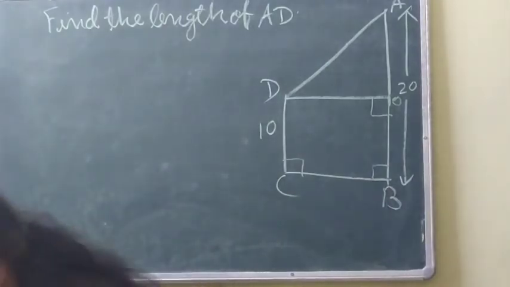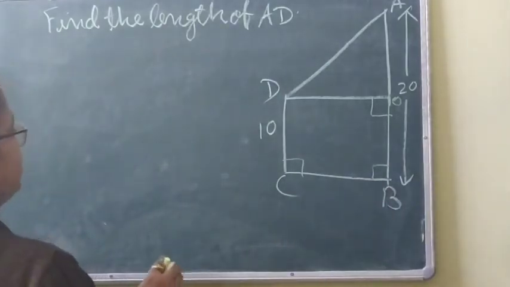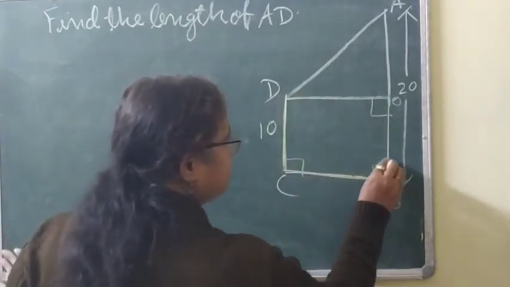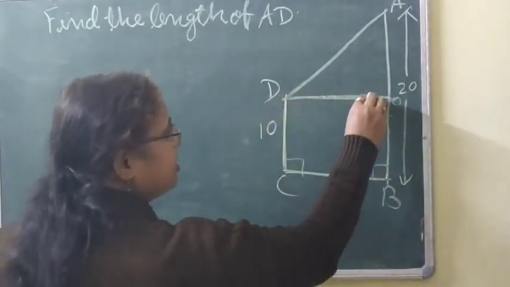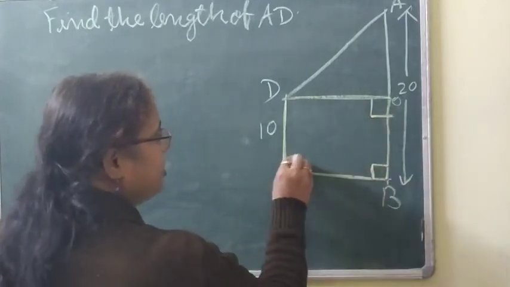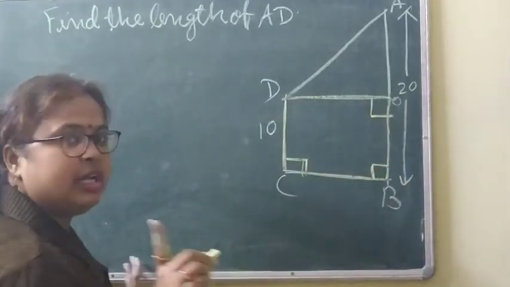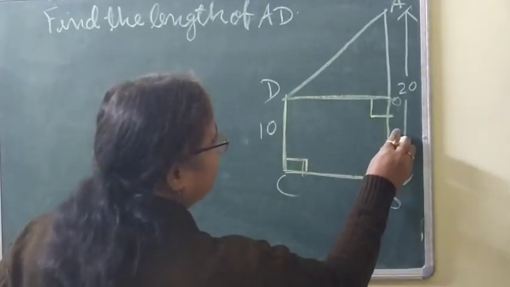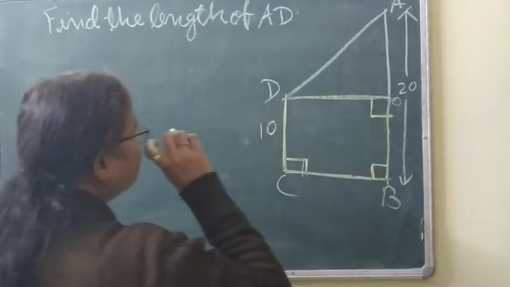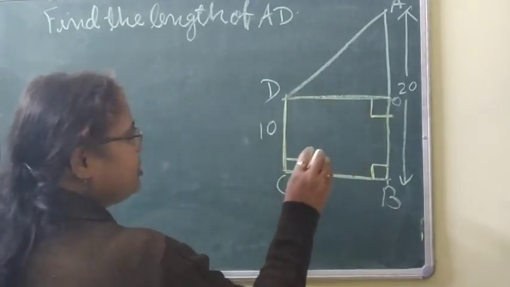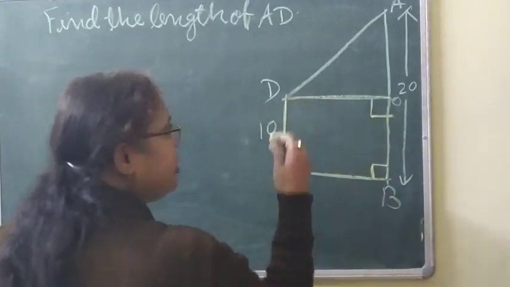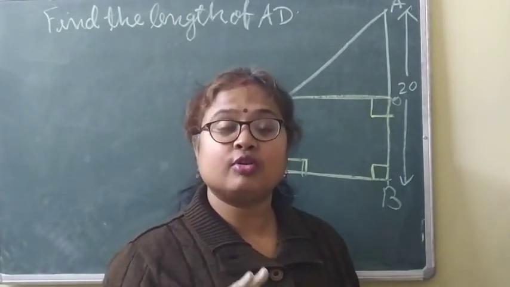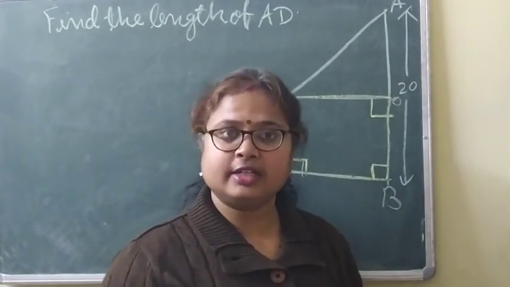Okay, this is the question. So now how will you solve it? You have to find out the length. This one is 10. It is very clear that this is a square, because three angles are given as 90 degrees, which means the fourth angle will also be 90 degrees. So if this one is 10, then this will also be 10. Even if it is a rectangle, all four angles are 90 degrees.